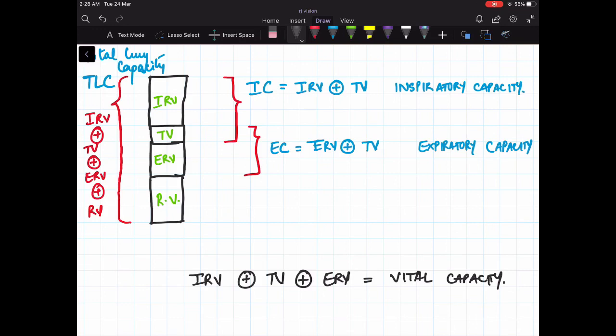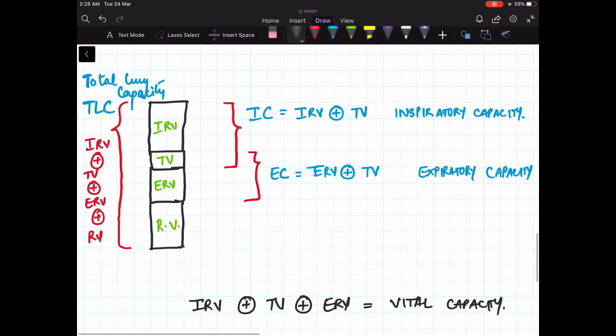So how many capacities are done? One is total lung capacity. That means the amount of volume that is completely the capacity of the lung. Then you have inspiratory capacity, which is the capacity that can be inspired after normal expiration. That is IRV plus TV.